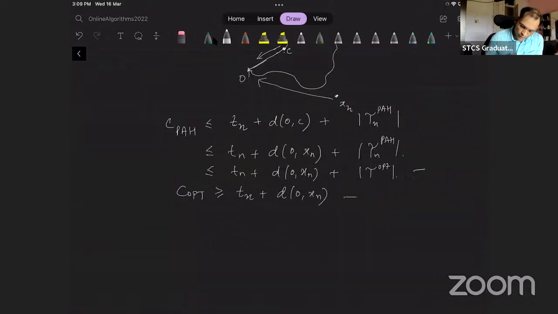So if you combine 3 and 4, what do you get? CPAH is at most how much? Can I say it is 2 times COPT? Yes.